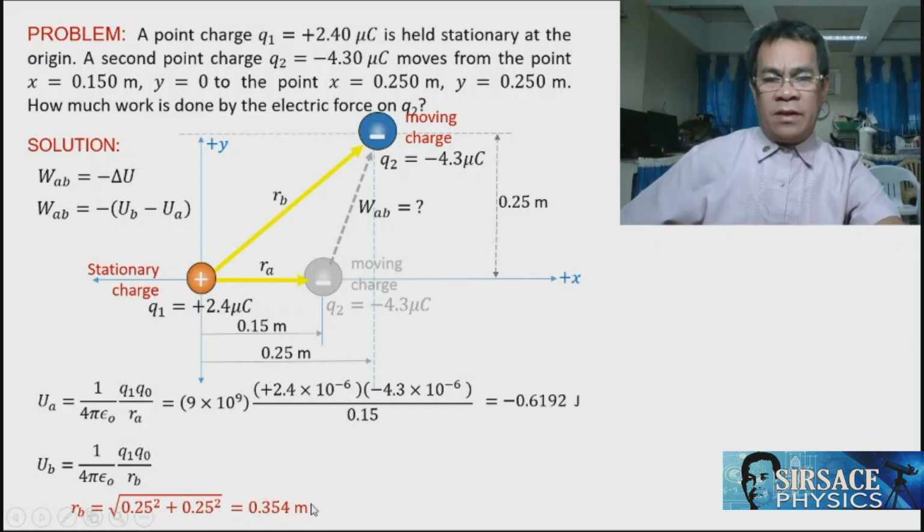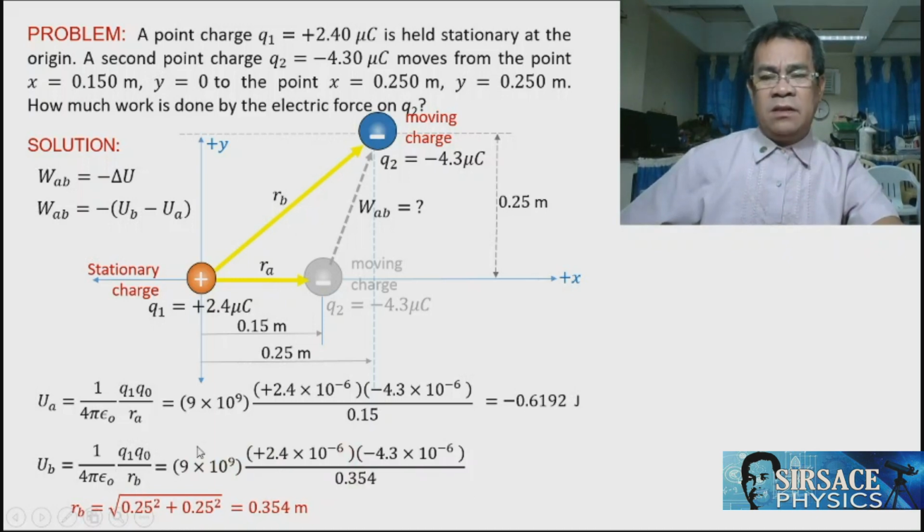So this is the final position. Then you have to substitute it here. The 1 over 4 pi permittivity again is 9 times 10 raised to 9, the same unit. The same because this is charge 1 and the same charge. It differs only with the position, RB.